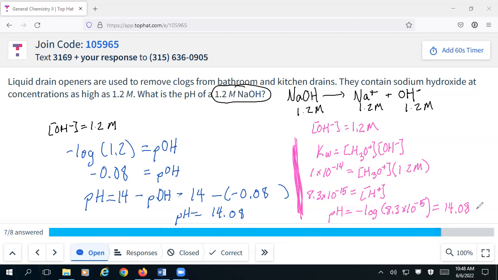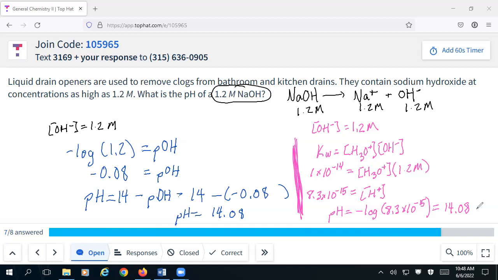Now, in problems like this one, it's not going to make nearly as much difference because the value that you had for the hydroxide wasn't in scientific notation. So you didn't have to really worry about making a mistake entering the scientific notation.